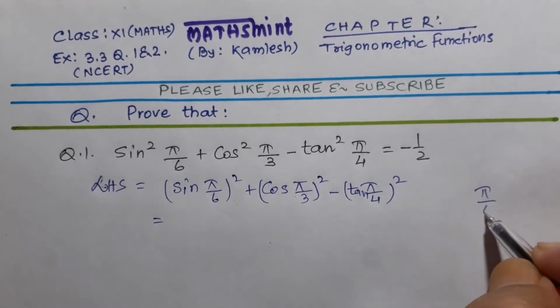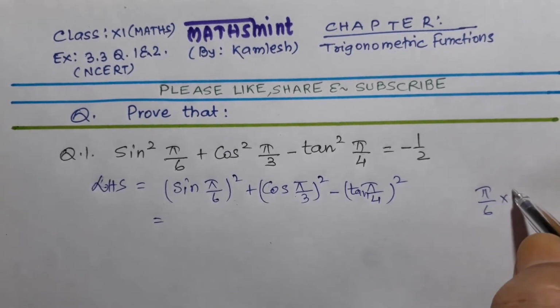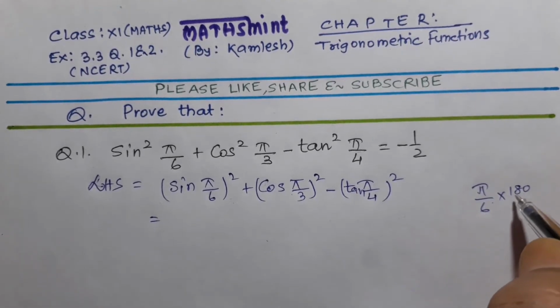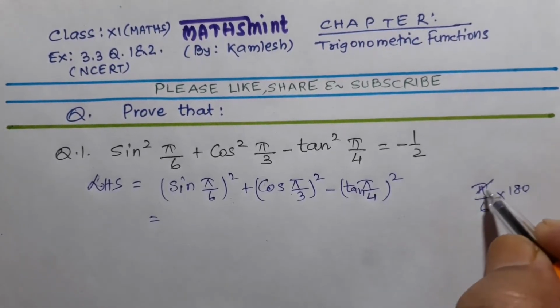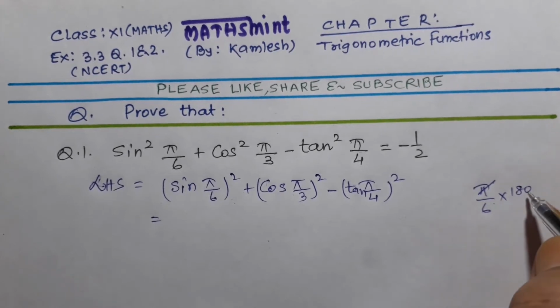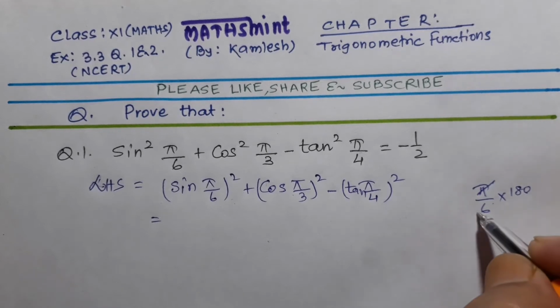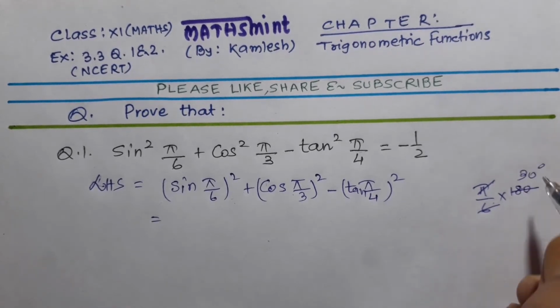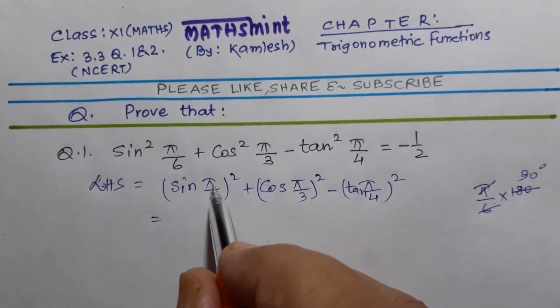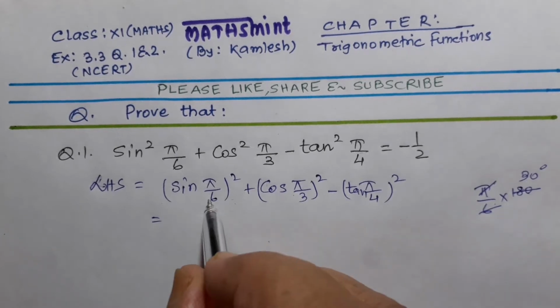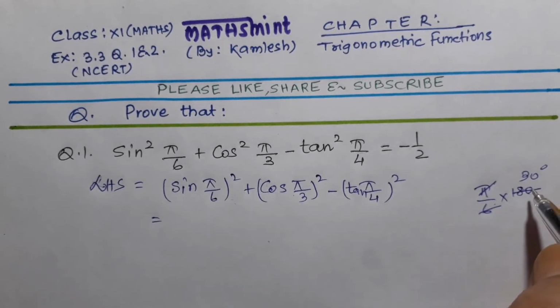If we multiply it by 180, this pi will be 180. So in the place of pi we are writing 180, so it will be 30 degree. So pi by 6 is equal to 30 degree, and in the table we have read in class 10 that sine 30 is equal to 1 by 2.